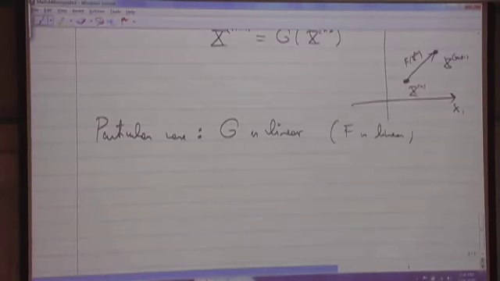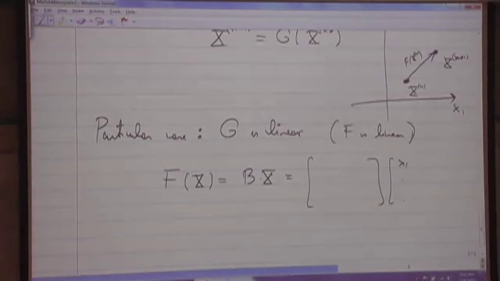What does it mean, linear? Well, for f to be linear, it means that this is just a matrix. Let's call it B times x, so x is x1 through xk.